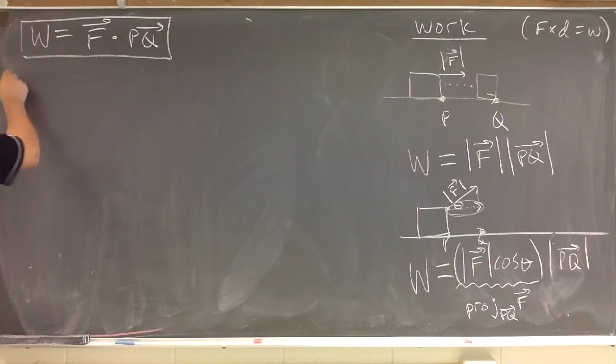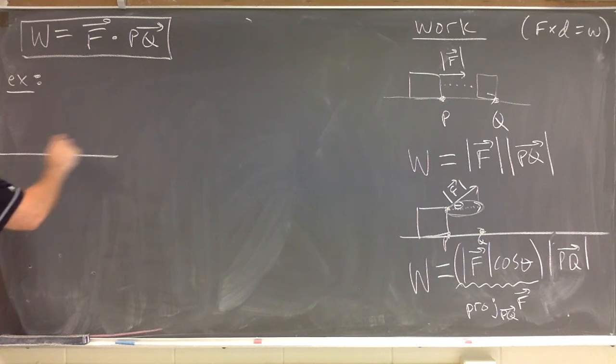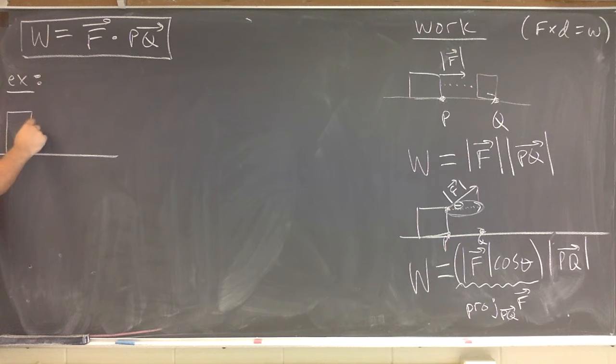So last example, dealing with work. Let's say that we have a sliding door, and that sliding door gets pulled that away, and we're sliding this from P to Q, so from here to here.